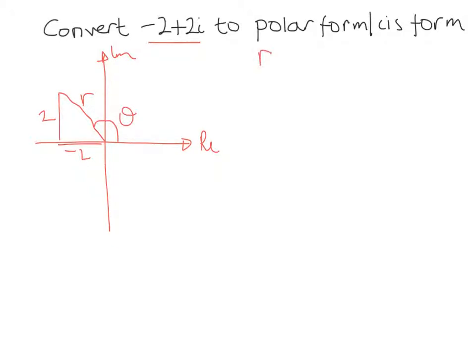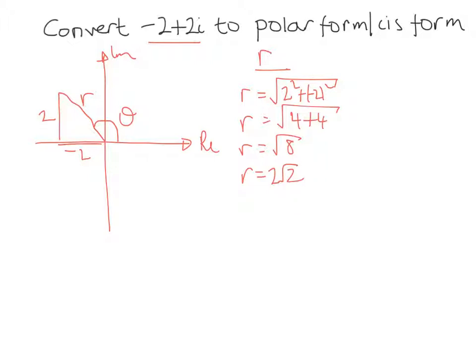Let's look at r. That would be the square root of minus 2 squared plus 2 squared, which is 4 plus 4. 4 plus 4 is 8, and the square root of 8 is 2 root 2.